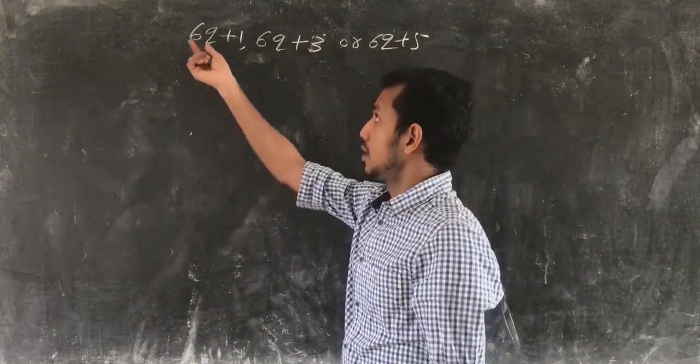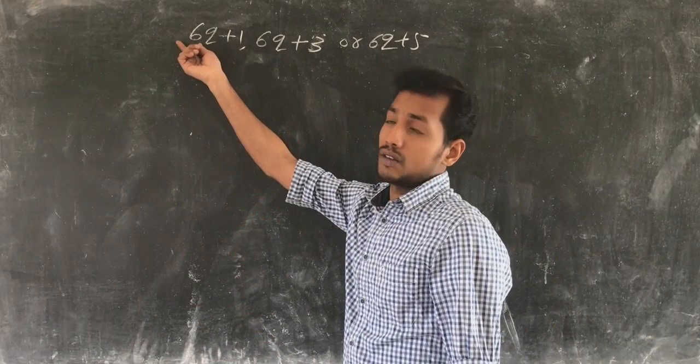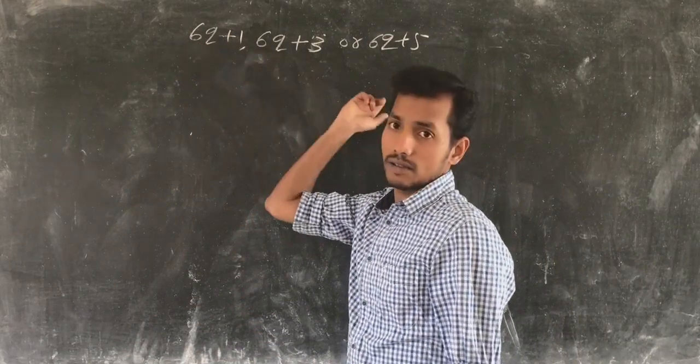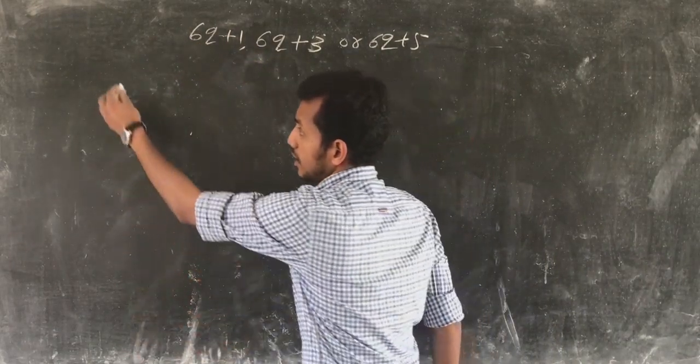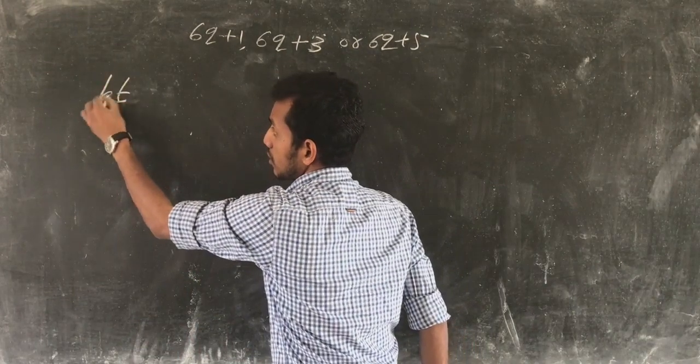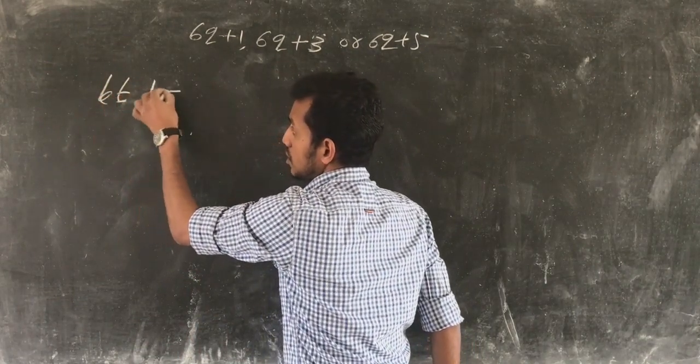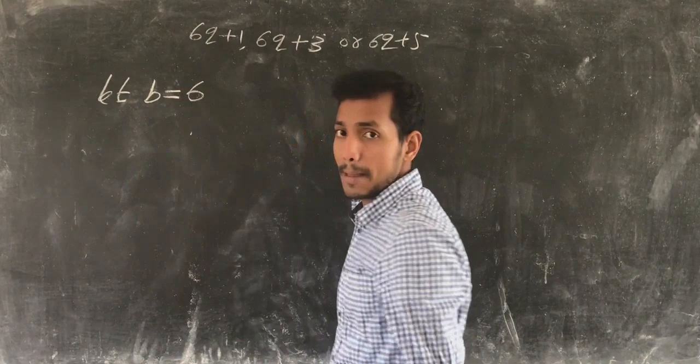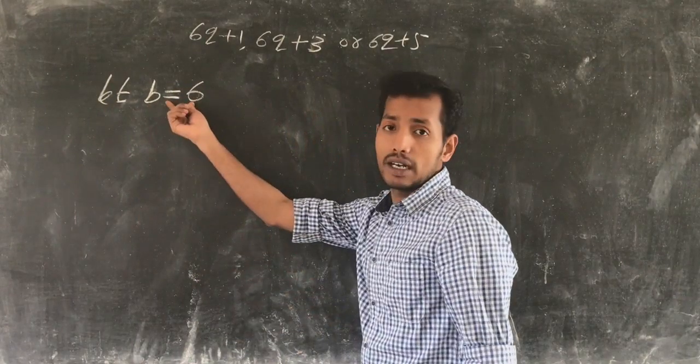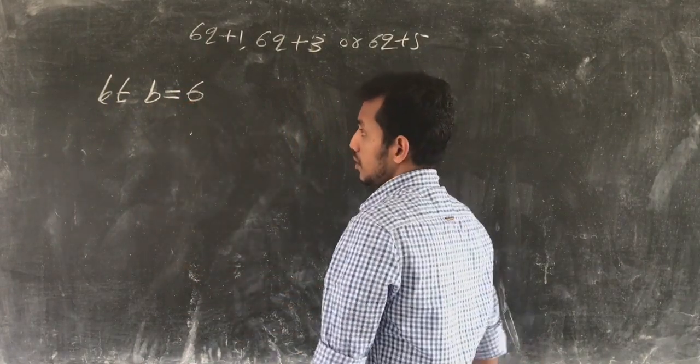So in this expression, divisor is 6. So let's take b is equal to 6. Apply Euclid division lemma.